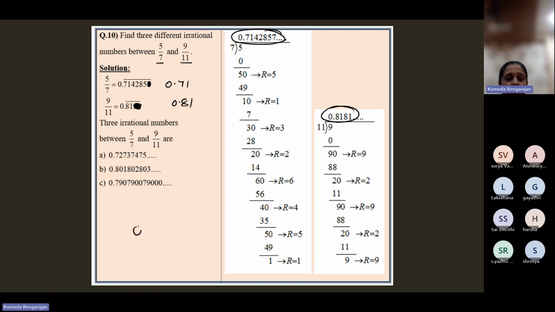See, if you start like 0.63, you're wrong. It's not between 71 and 81. If you write 0.63 or 0.063, it's not between these two numbers. You must insert three different irrational numbers between these two. So if you write 0.63, the number you write may be a non-terminating, non-repeating decimal, but it should lie in this range.